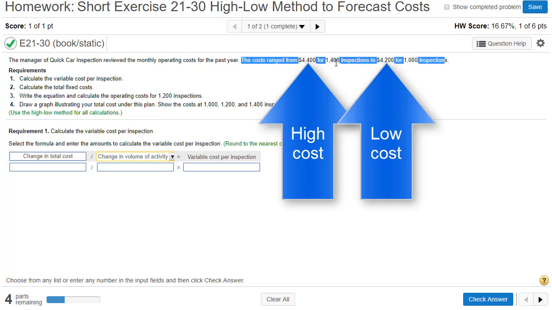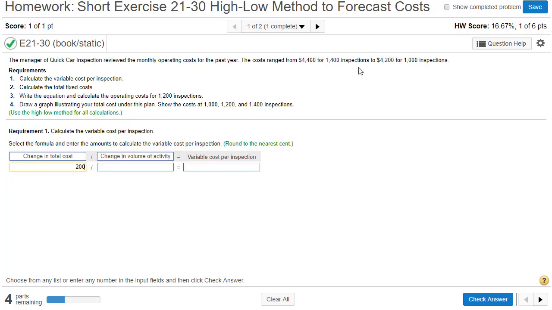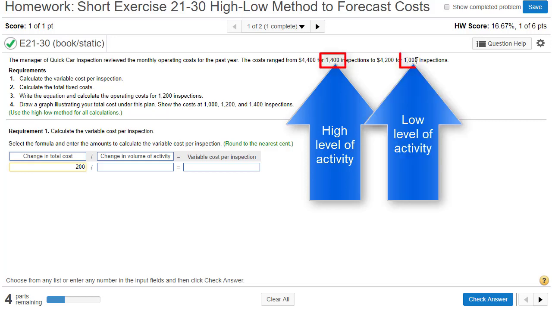Now notice they only gave us the high and the low, so we don't have to go searching for the high and low. So change in total cost, we're just comparing this cost, $4,400 minus $4,200. So that's obviously $200. And then change in volume of activity. The volume of activity was 1,400 inspections and 1,000 inspections.